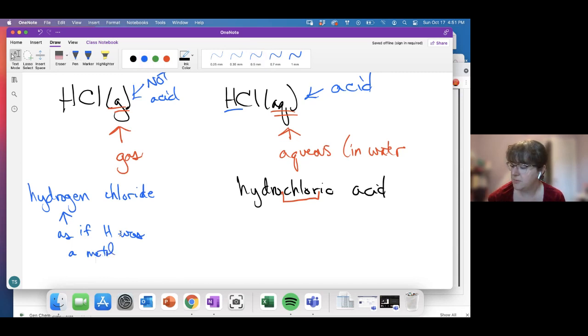That is one of those that really almost falls into the old nomenclature rules, but there are some good reasons for this. But in general, when you have that hydrogen and one other element and it's a gas, you actually do name it as if it was an ionic compound, even though it's not.